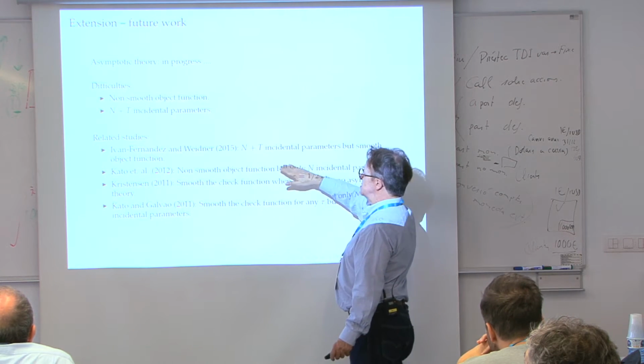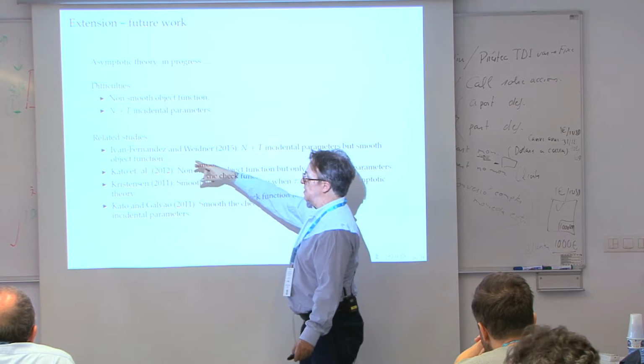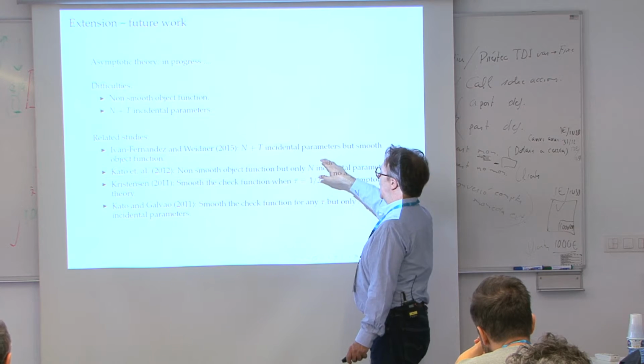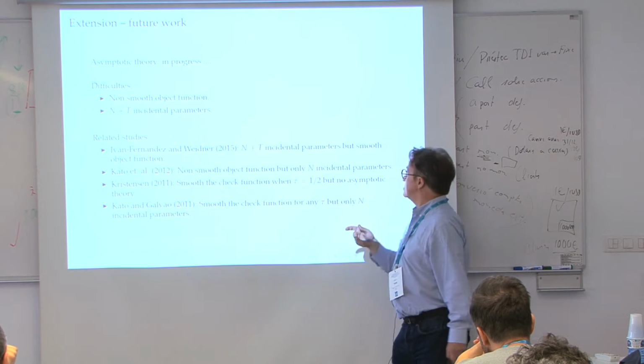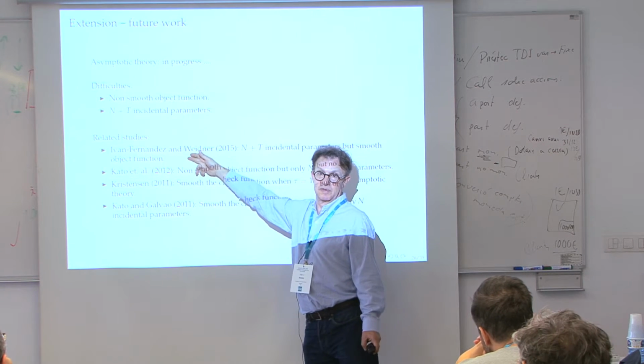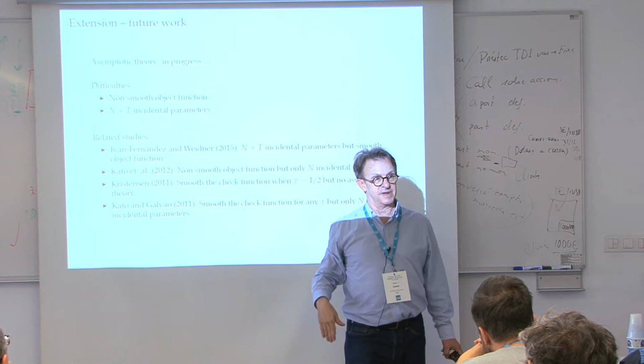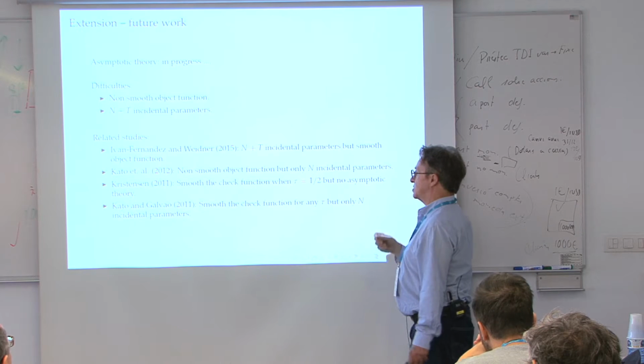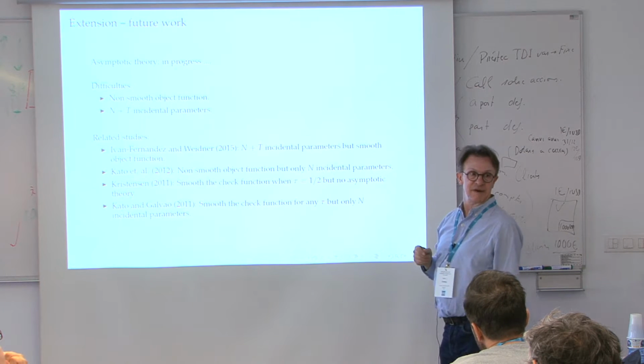There are related studies, for instance, Iván Fernández-Val and Martin Weidner have a similar problem with n plus t incidental parameters, but they have a smooth rather than kinked criterion function. There are other studies which have non-smooth but only n incidental parameters.